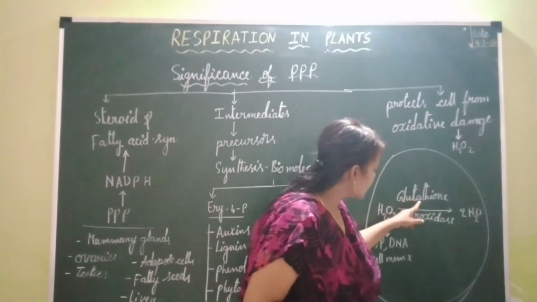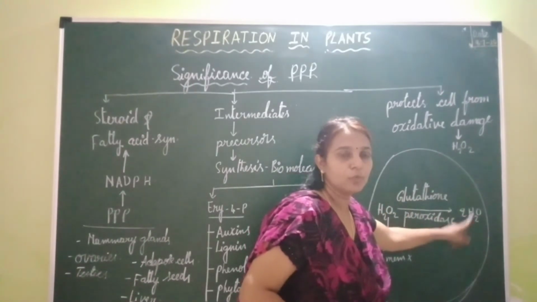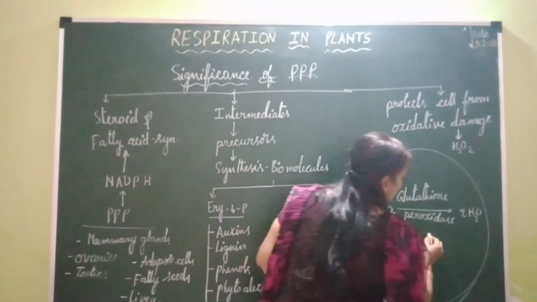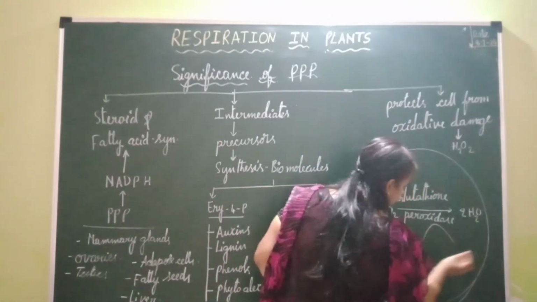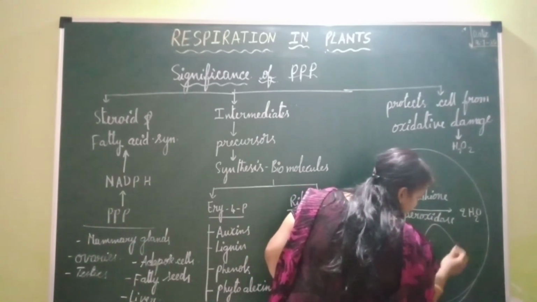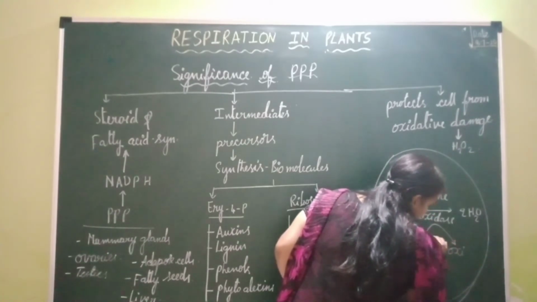Now let's see how glutathione peroxidase can cause this breakdown. This enzyme exists in two forms, that is two states: reduced state and oxidized state.